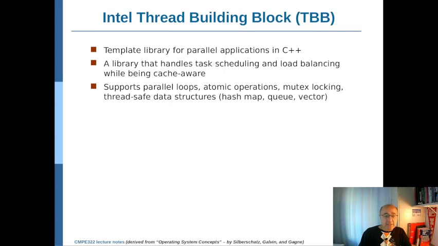The Intel TBB supports parallel loops. It provides special data structures and commands for running loops in parallel. Atomic operations, that means you want to say, if you start doing this task, say this instruction, you should not cut in the middle of that. Like for example, say you're trying to take the power of a number, a to the power n.